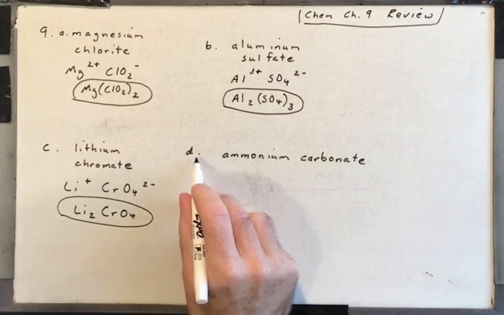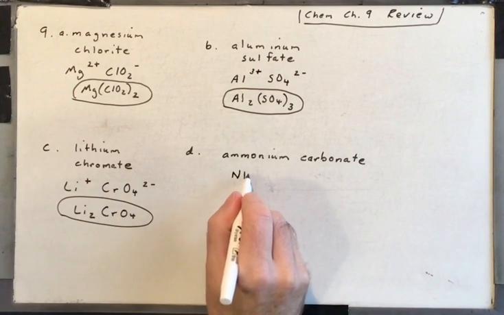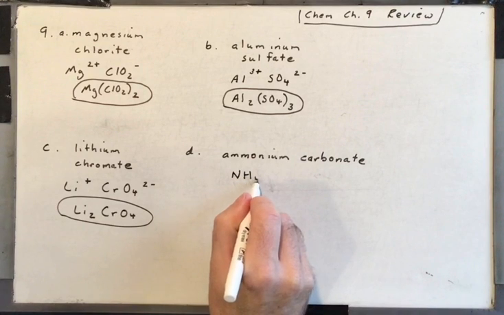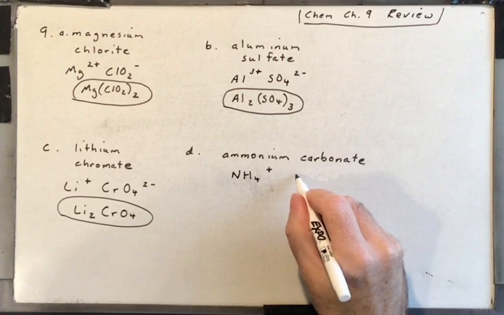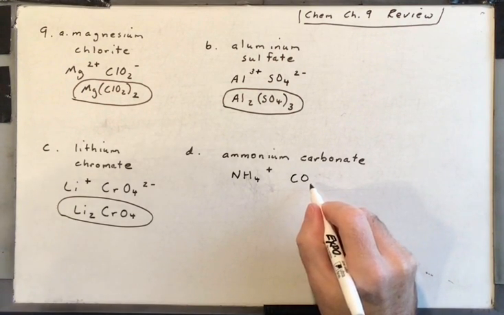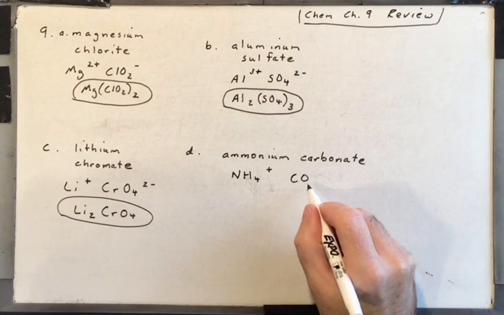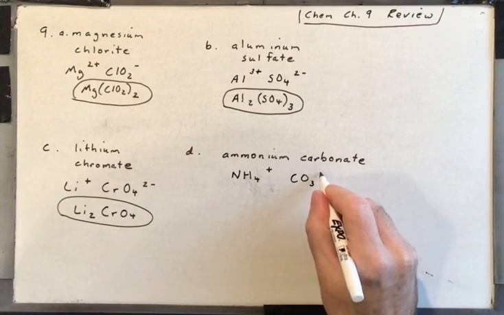And then finally, the ammonium is on your table. On page 1 of your Chapter 9 notes, it's NH4 plus. Carbonate is CO3 2 minus.